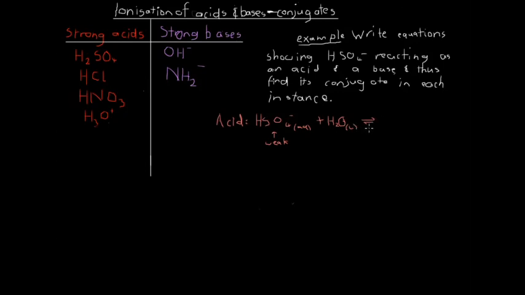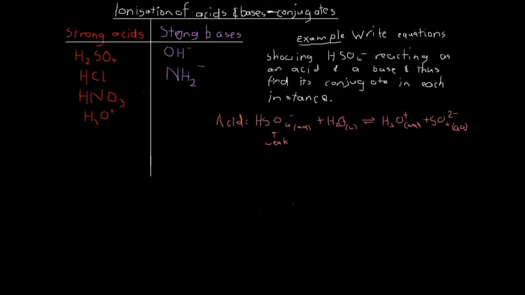Okay, so now the product, if it's acting as an acid, we know that it's going to produce a hydronium ion. Okay, and if it's lost one proton, then the hydrogen sulfate is going to turn into sulfate. That makes sense because we know that this is the conjugate base of hydrogen sulfate, and all we've done is subtract one proton from it.